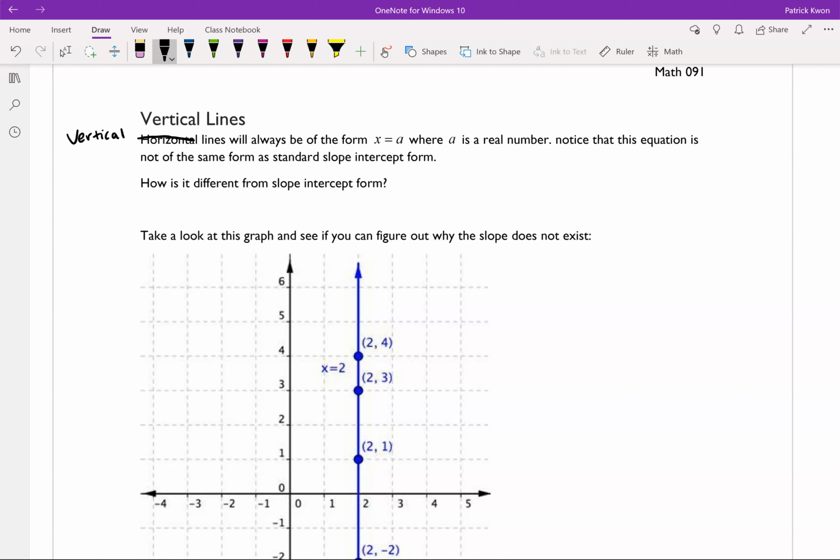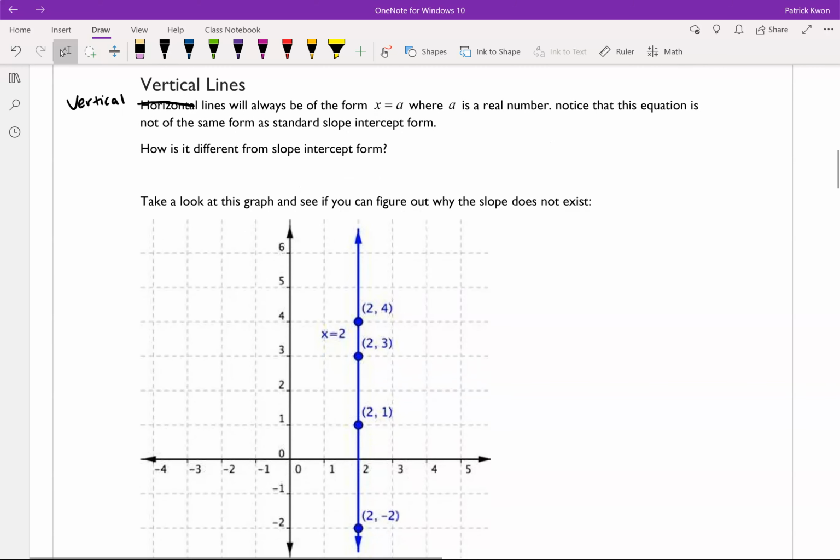So vertical lines will always be of the form x equals a, where a is a real number. Notice that this equation is not of the same form as standard slope-intercept form, and we'll talk about why that is in a minute. Because generally, slope-intercept form is y equals mx plus b.